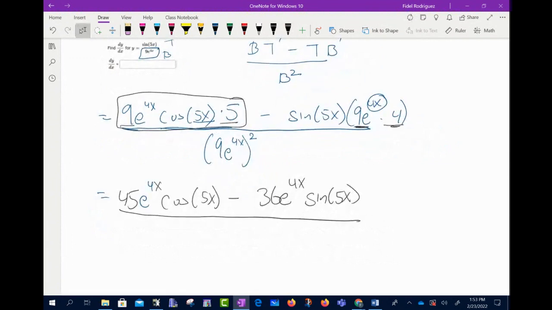Okay, we're squaring the bottom part, you guys. So remember what it means to square 9e to the 4x. It means take 9e to the 4x and multiply it by another 9e to the 4x. So 9 times 9 is? Okay, next step. What about e to the 4x times another e to the 4x? Anybody know what it would be?